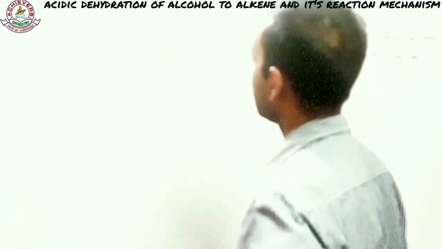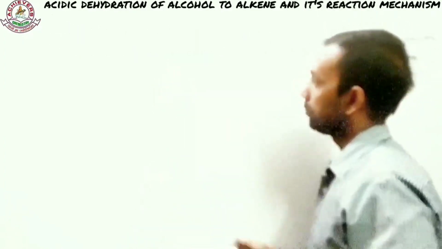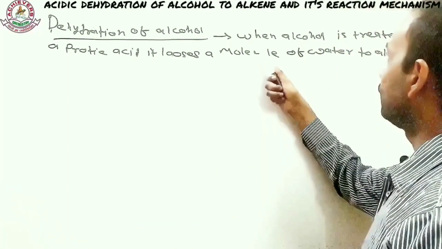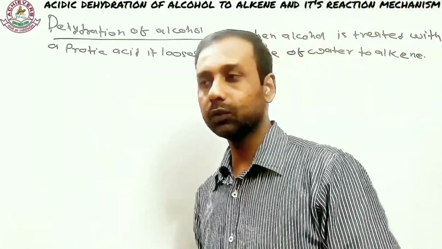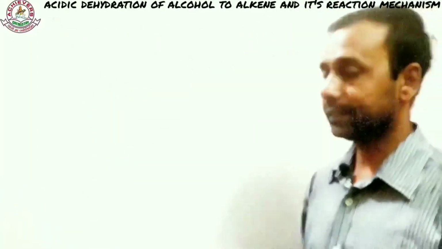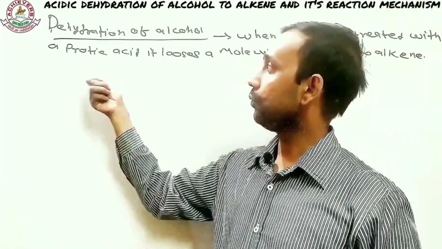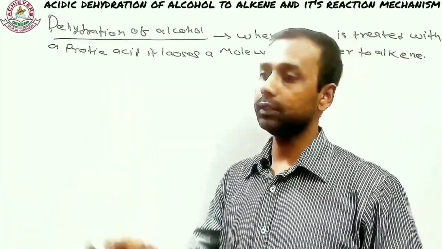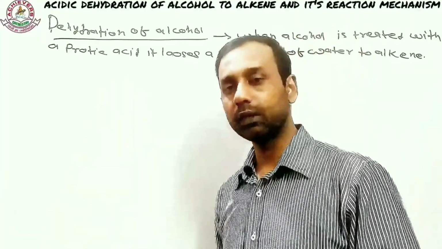That's the defining part. Now the question is, what are the chemical equations and what is the mechanism? I'm coming to that. What is a protic acid? An acid that donates a proton, like H2SO4, H3PO4 and so on. So in the presence of a protic acid, alcohol dehydrates, meaning it loses water and converts into alkene.